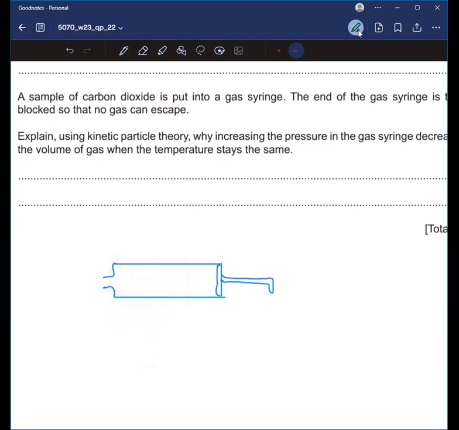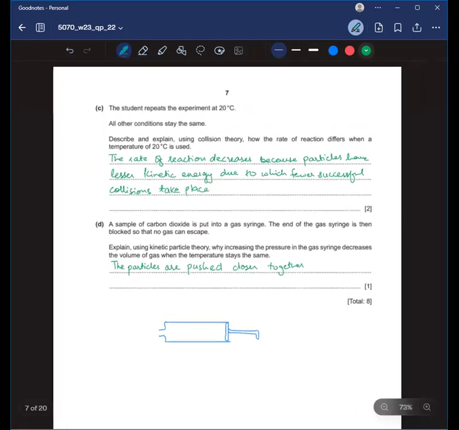That means that the particles are pushed closer together. So I write the particles are pushed closer. I hope I was able to explain it.